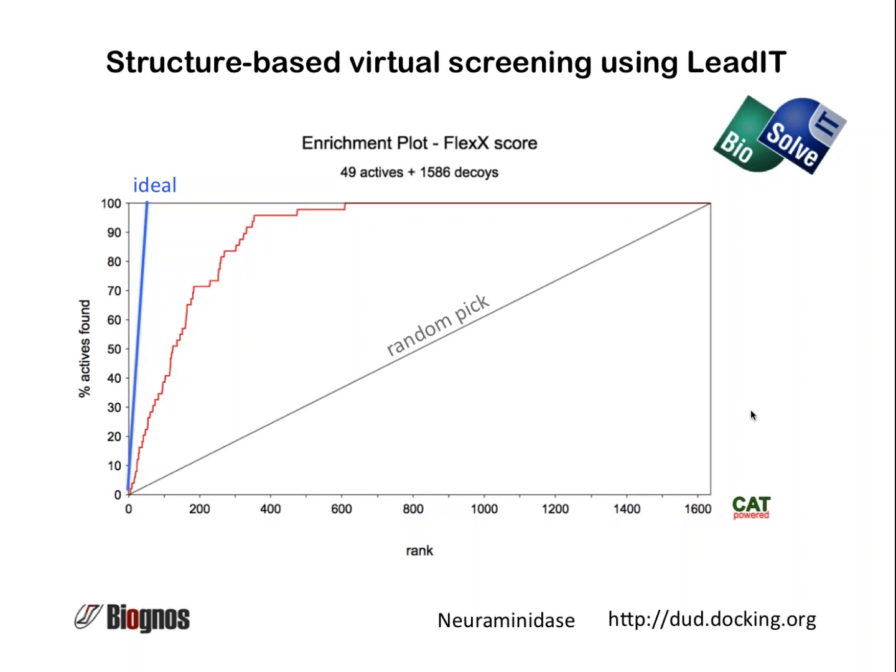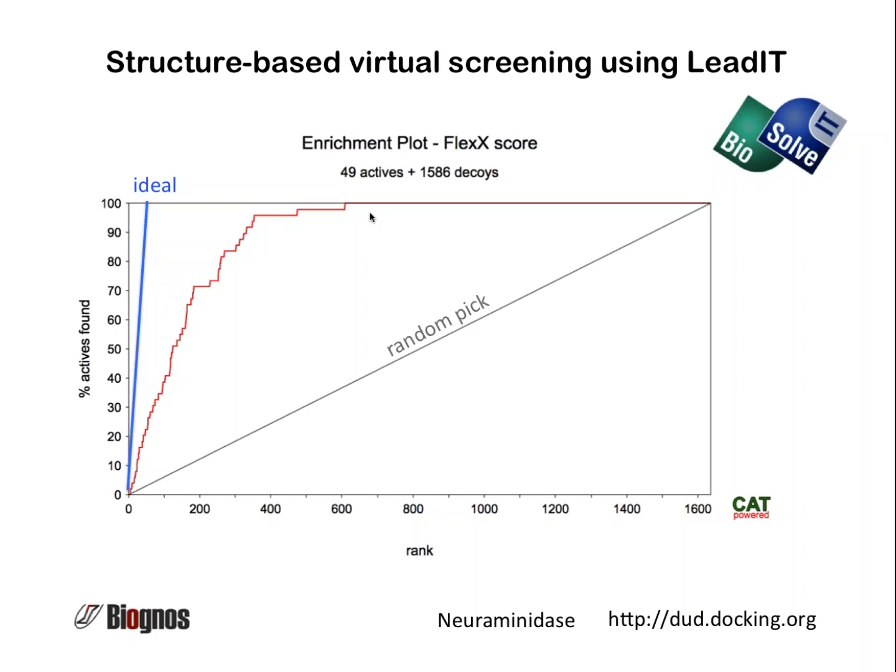In the so-called DUD dataset, the directory of useful decoys, there's also a neuraminidase target, and decoys. The virtual screening test that we do here asks the question: if we mix active compounds into a set of other molecules, can we actually derive back our active compounds?